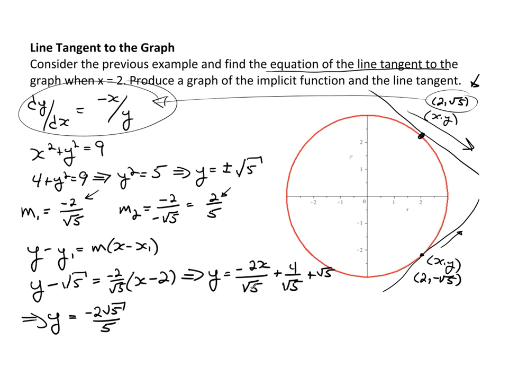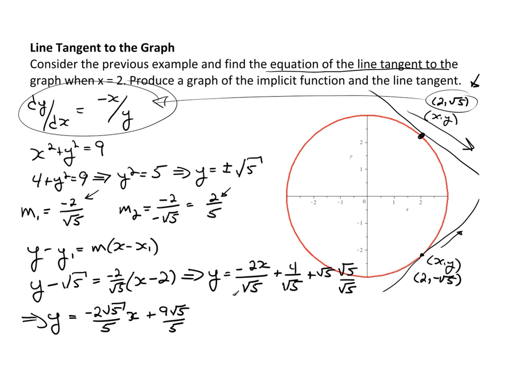I just rationalized this. Plus, well, if I multiply this by root 5 over root 5 to give me my common denominator, this would be 5. So that's 9 over root 5, which would be 9 root 5 over 5 if you rationalize the denominator. So this would be the equation of my first line, this one right here.